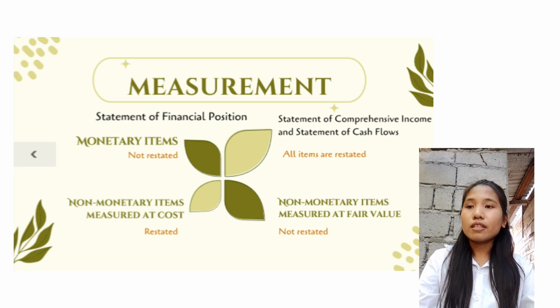However, if the fair value or net realizable value was determined at a date other than the end of the reporting period, the fair value or net realizable value is nonetheless restated from the date it was determined. While monetary items are not restated anymore because they are automatically stated in terms of the net purchasing power of the peso.